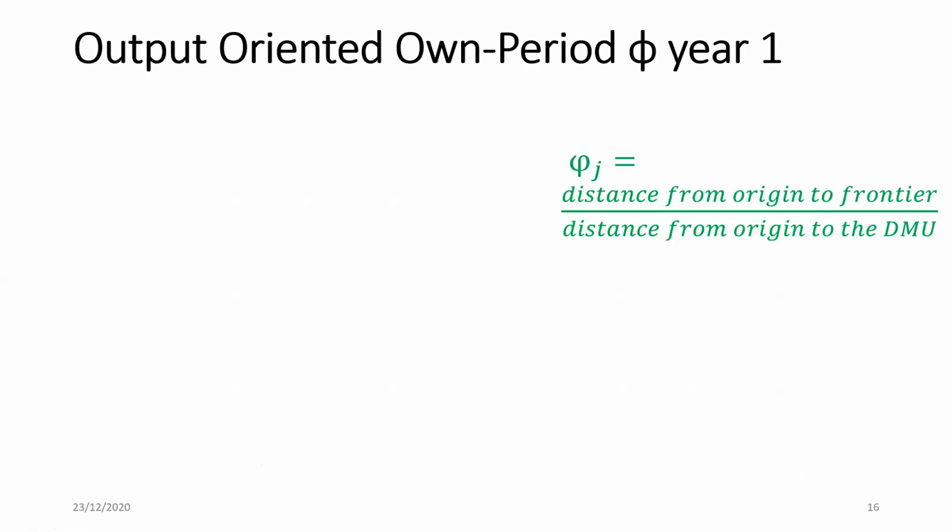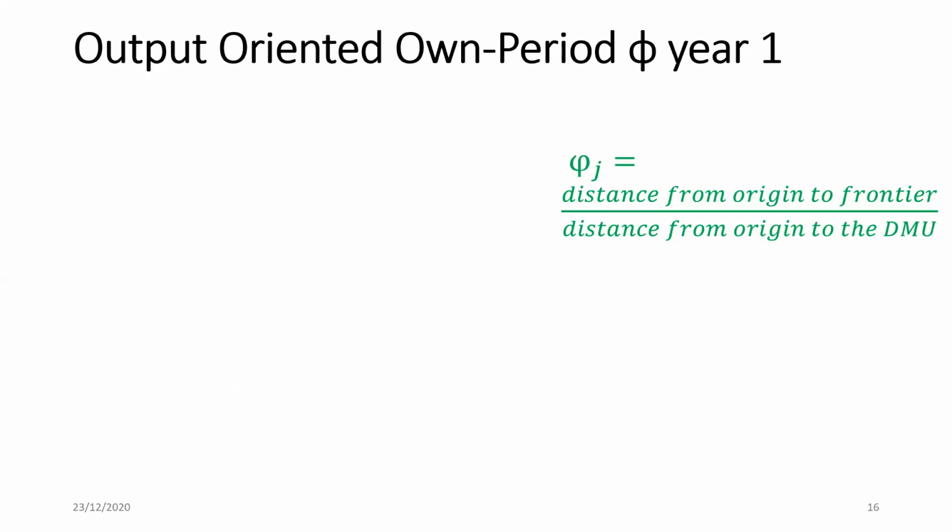Now, how do you calculate the efficiency score of every firm relative to this VRS frontier? Remember the definition, and you are going to calculate it. This is a definition. That is output oriented, so we are going the output oriented way. It is always the distance from the origin to the frontier. Remember, this is efficiency. It's not the distance function that we used before.